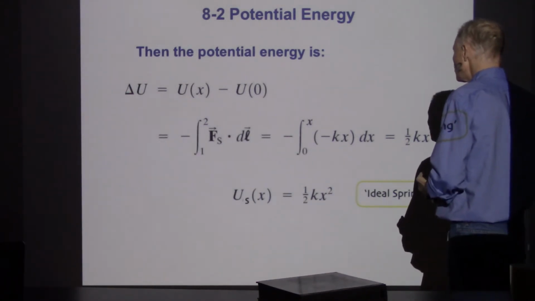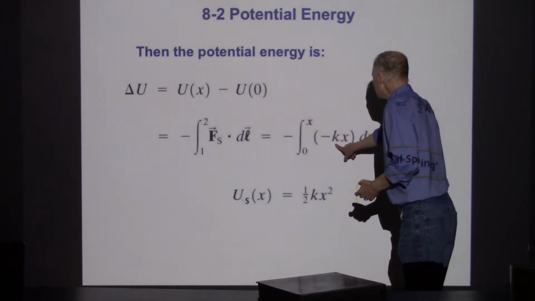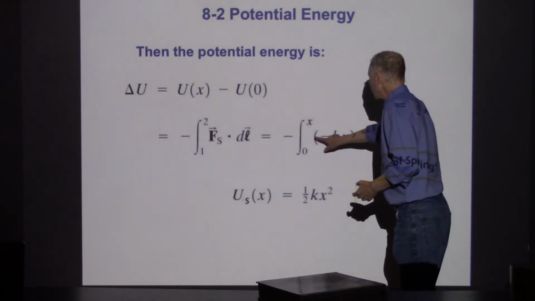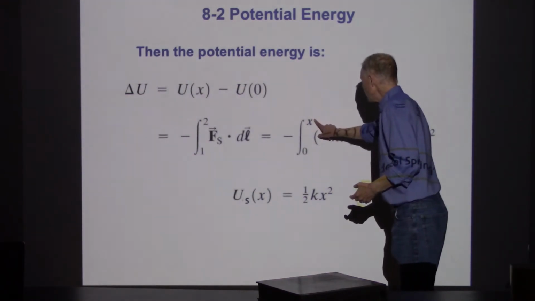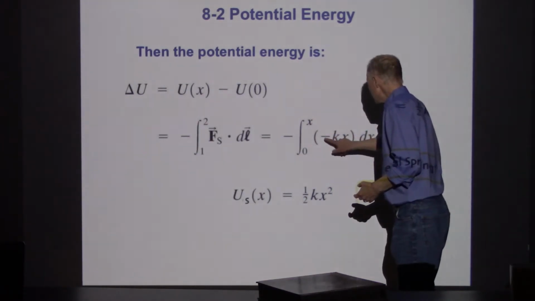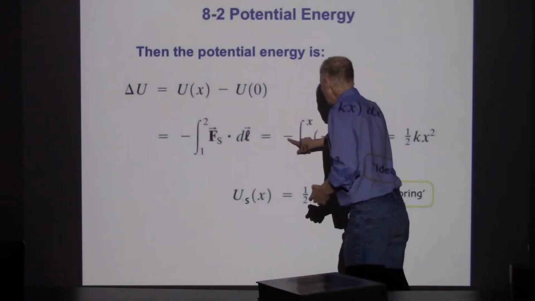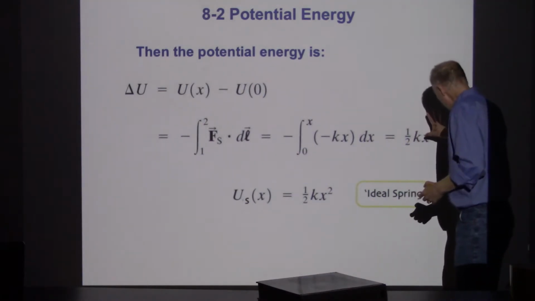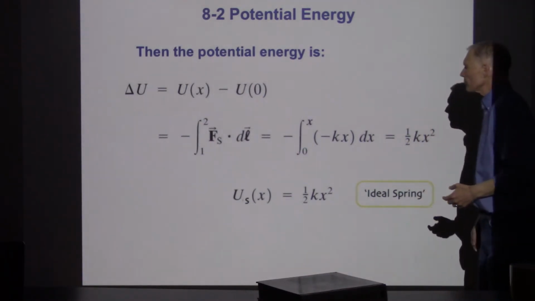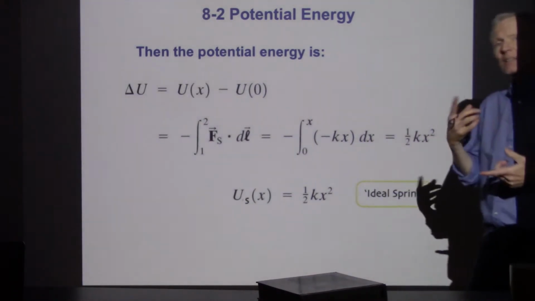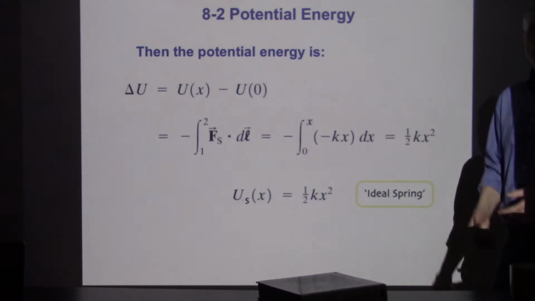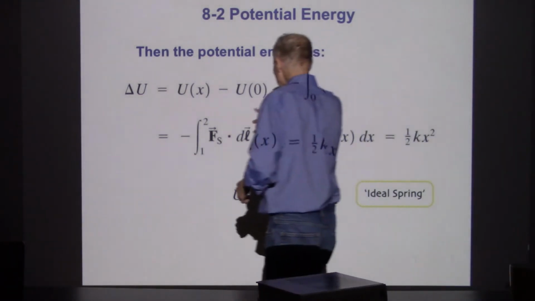So this is written for the energy while we're compressing it. So here we're going from 0 to x. There's a minus sign here, cancels the minus sign here. So this is storing energy 1/2 kx squared. If we want to release the potential energy, then we can reverse the directions here.